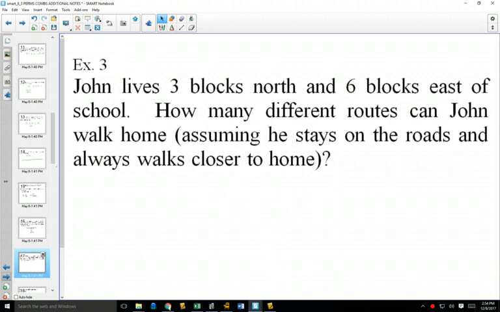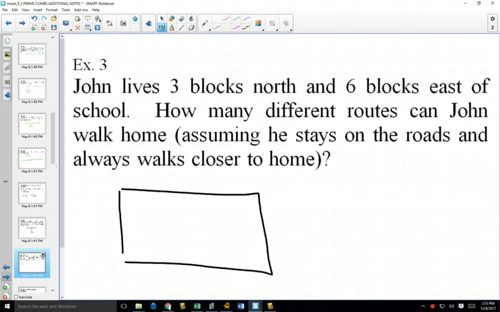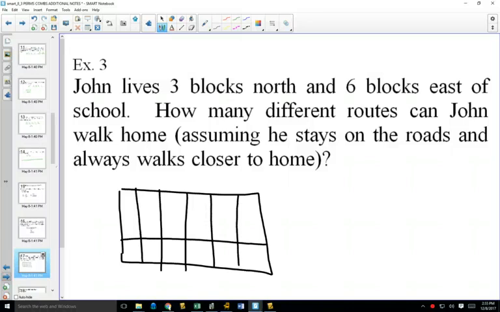Try this one. So if we draw a picture of this, draw our city blocks. John lives 3 blocks north and 6 blocks east of school.